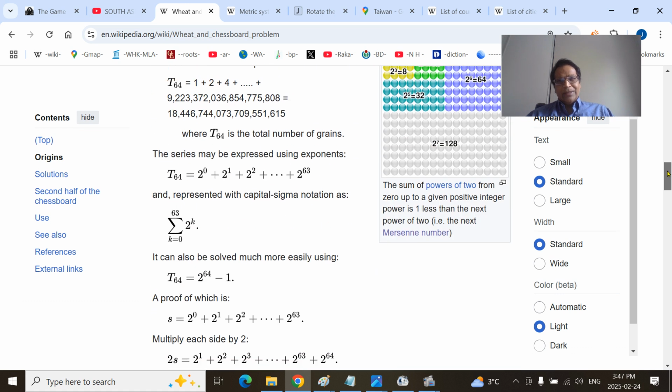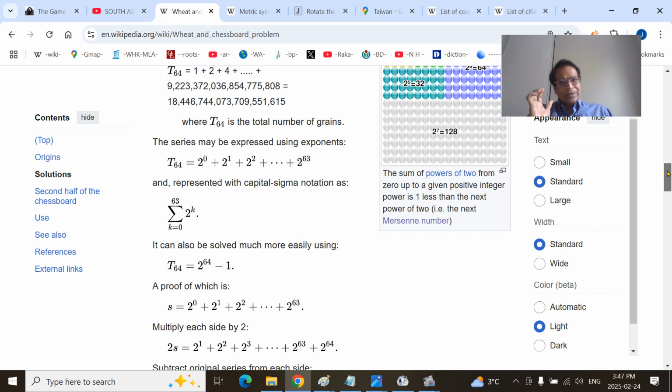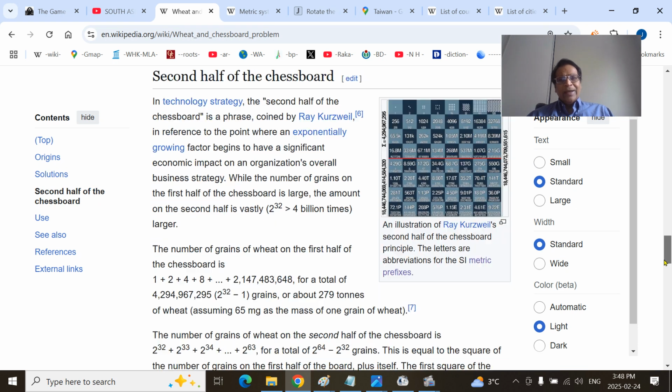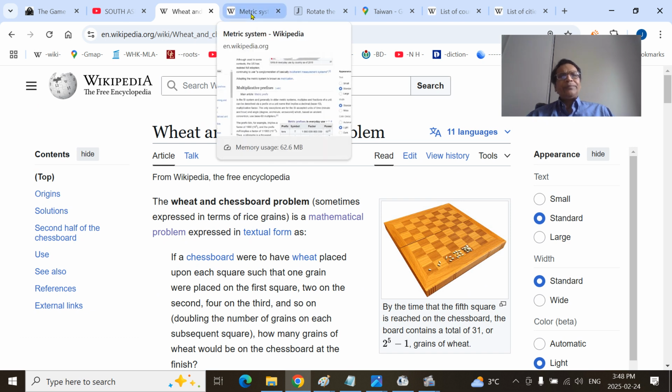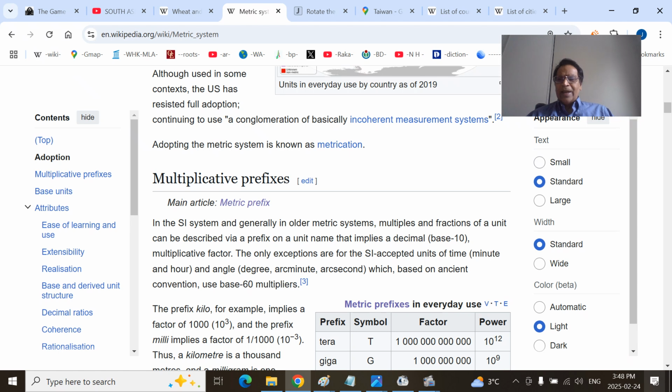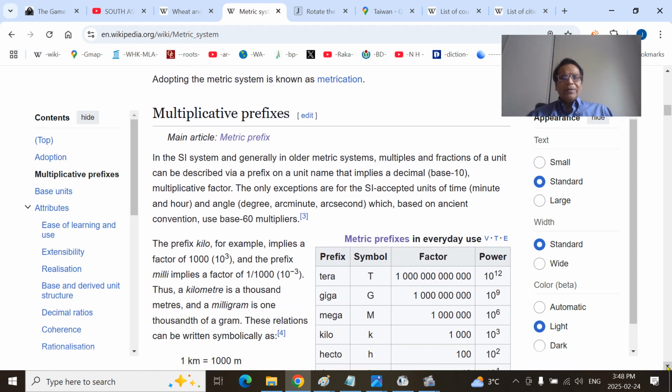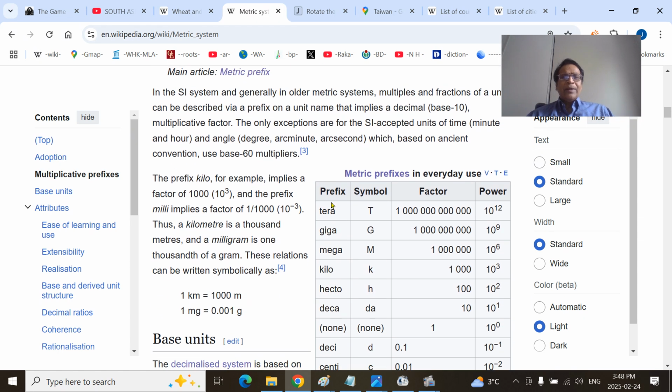So we are talking about the wheat and chessboard problem, a serious issue, because by understanding this, you can understand exponential growth, the compounding, in the entire series here. Wheat and chessboard, I took rice and chessboard. So the standard metric system, we are talking about mega, giga, tera, peta and exa here.